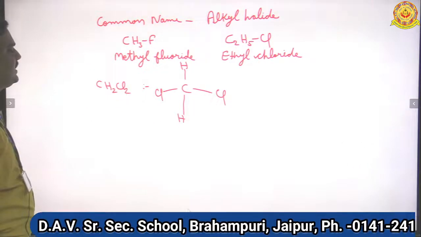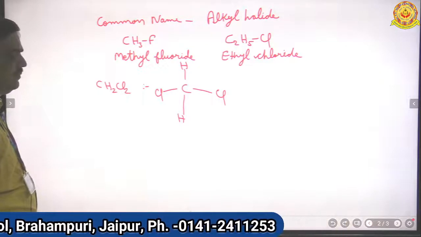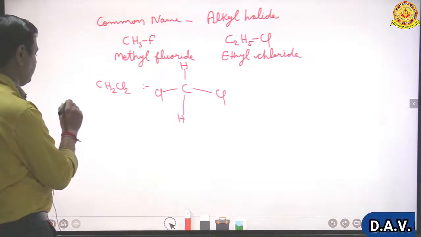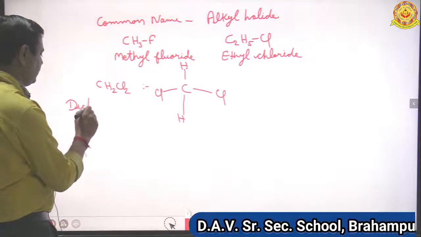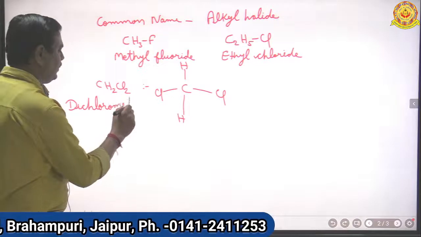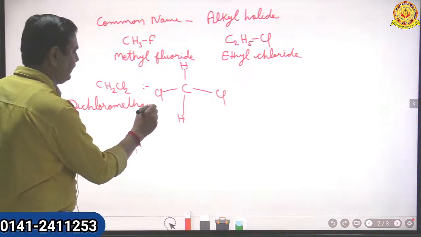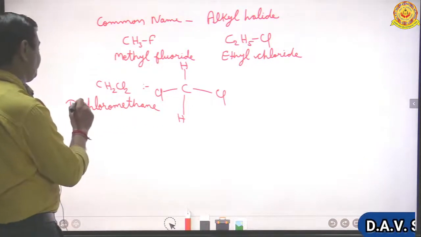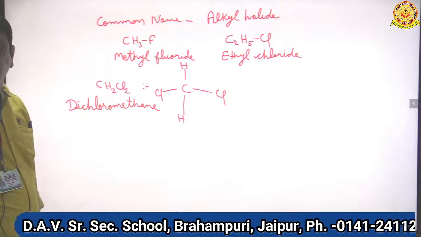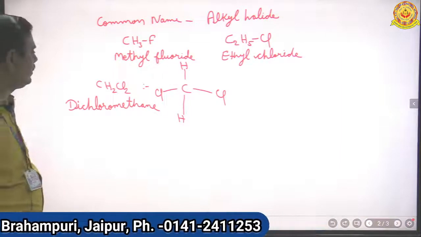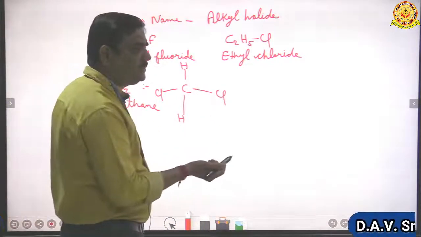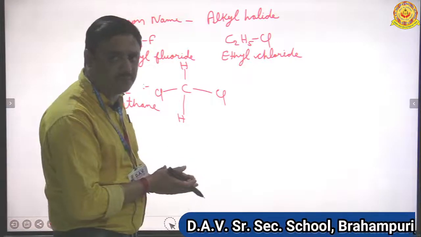We have 2 hydrogens and 2 chlorines. So it will be named dichloromethane. Because we have only one carbon, we do not need to indicate the number.